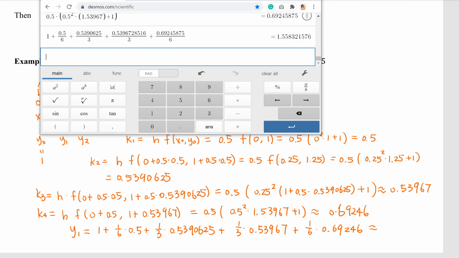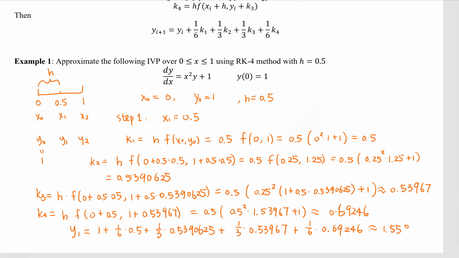So the answer is 1.55832. And that is Y1. So 1.55832. Now you can compare this method and the Euler's method.